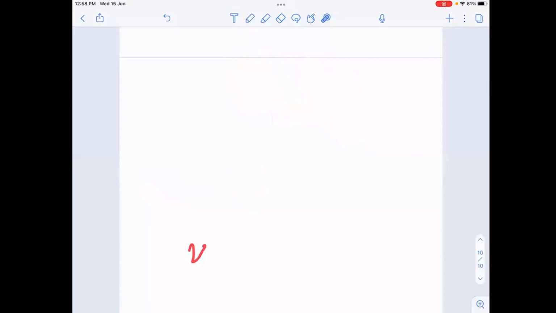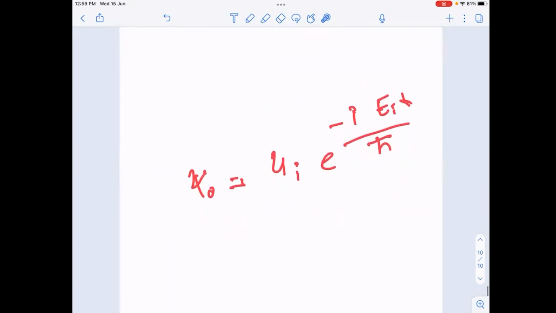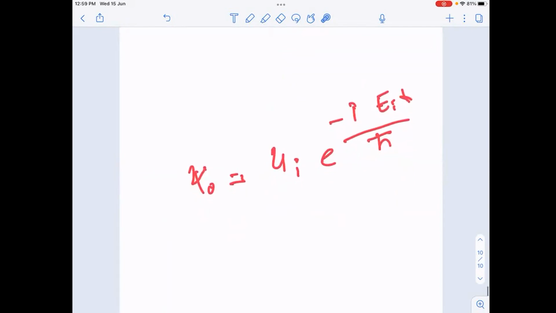You will also need some psi 0 at the initial case, right? So you consider some Ui equal to e to the power minus i Ei t upon h cut, correct? And you will begin with some psi f with Uf equal to e to the power minus i Ef t upon h cut.